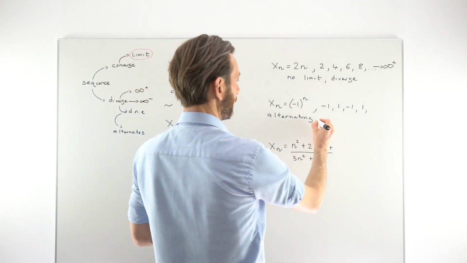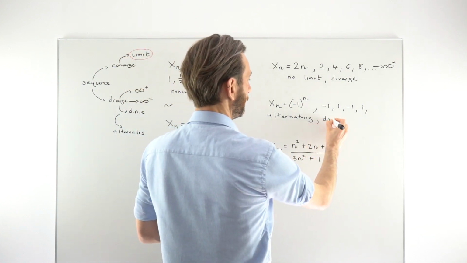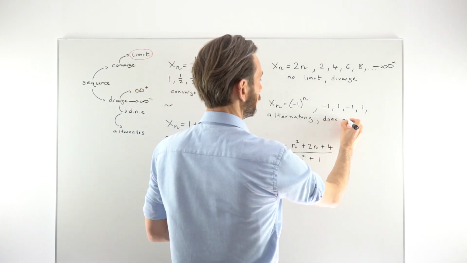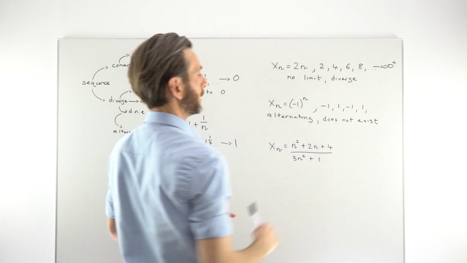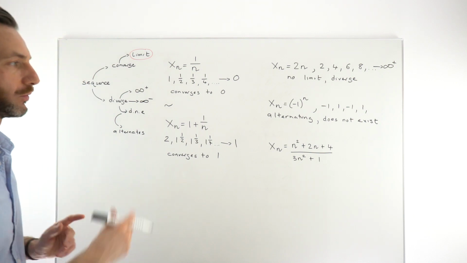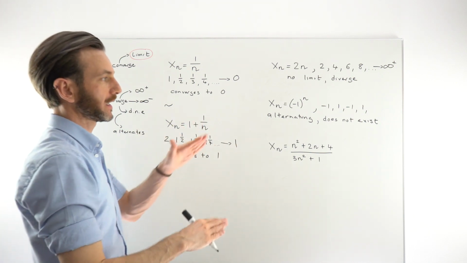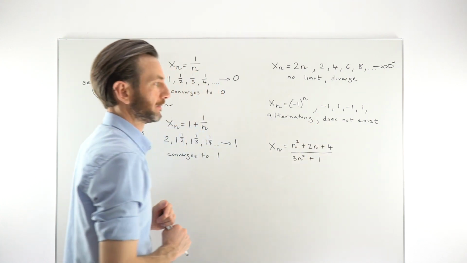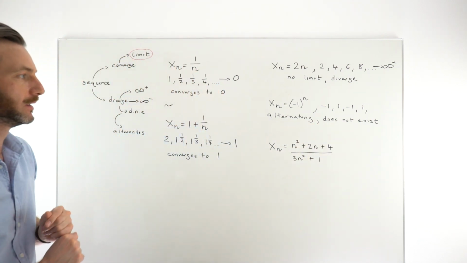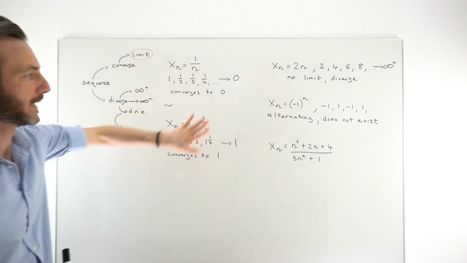So it doesn't have a limit. We would just say for this one, the limit does not exist. But it's slightly different to the one up here. It's not diverging to positive or negative infinity, because it's alternating. The limit doesn't exist.